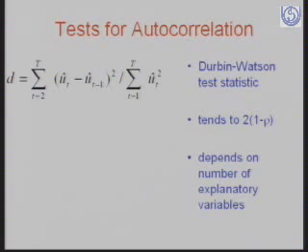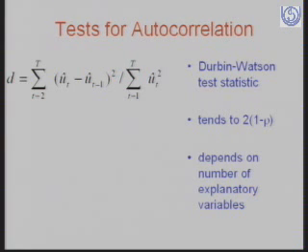There is a particular table for DW statistics that is available in most econometrics textbooks, and it is also available on websites. There are many websites which offer you the tabulated values of the DW statistics, given in the form of a table.